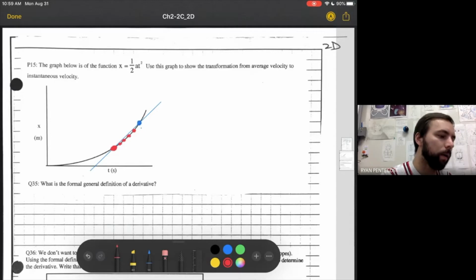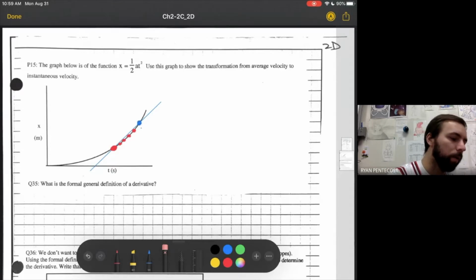Now, what I'm going to do to explain this is completely restructure the whole problem so that we can get a general definition instead of a specific definition for the function x equals 1/2 at squared. I am going to call this f of x.